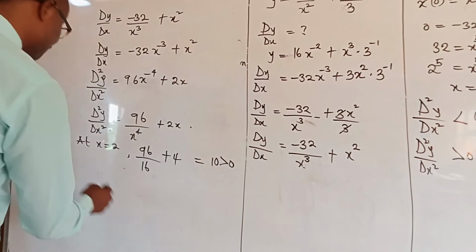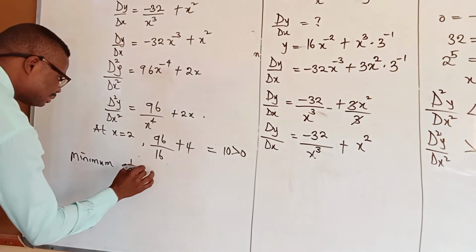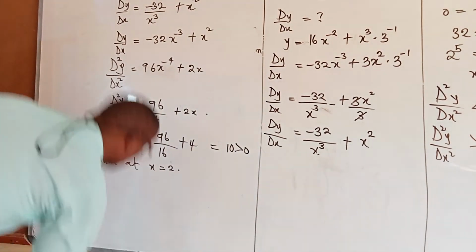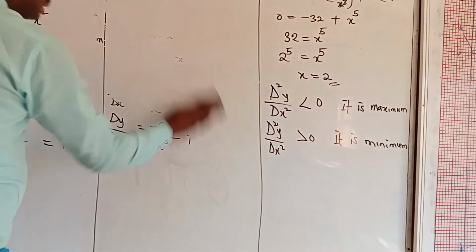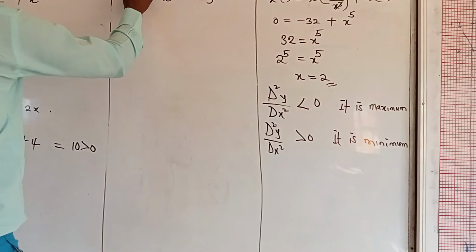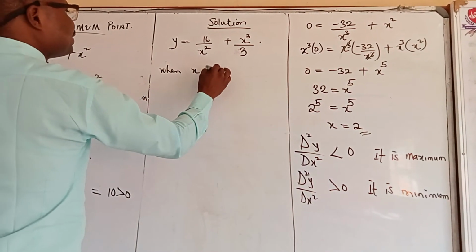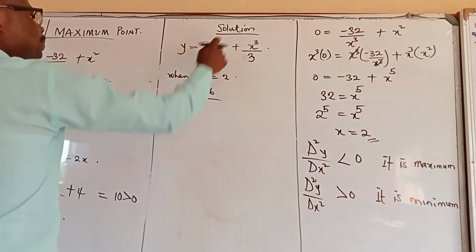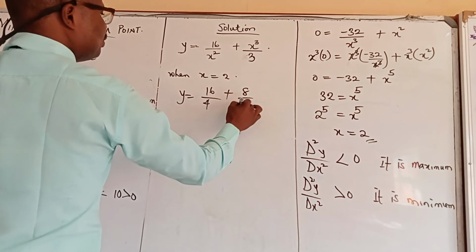Then we can obtain the value of y. So we say minimum at x equals 2. Then we can finally substitute for y and get the value of y at the minimum. If y equals this, then when x equals 2, we have y equals 16 over 2 raised to the power 2, which is 4, plus 2 raised to the power 3, which is 8 over 3.